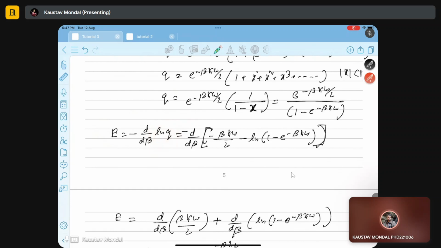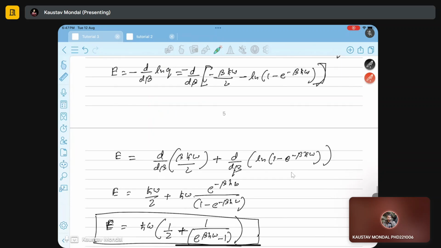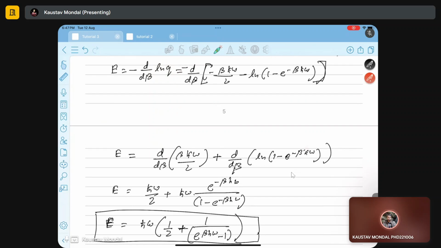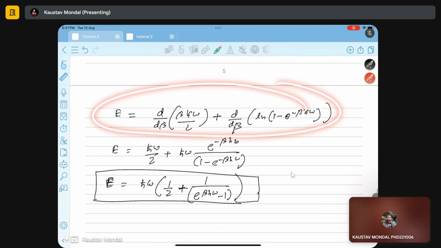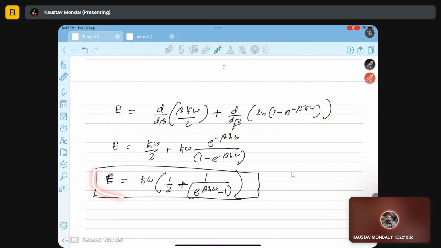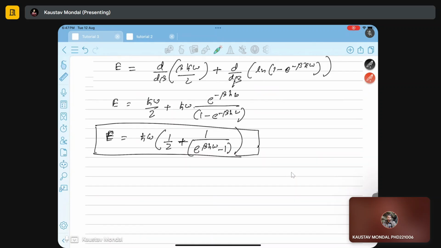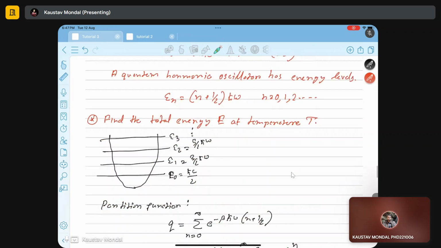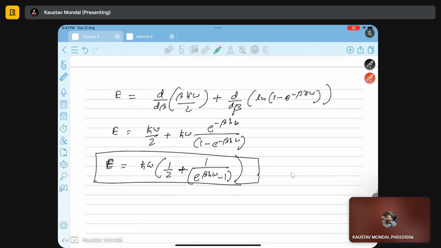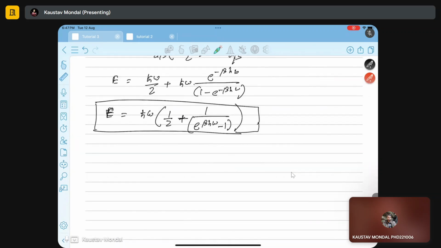Then we did the derivative with respect to beta, and after doing that, we got this total energy, simply this. This is the expression of the total energy. This is a type of problem. So this is it for the quantum harmonic oscillator.